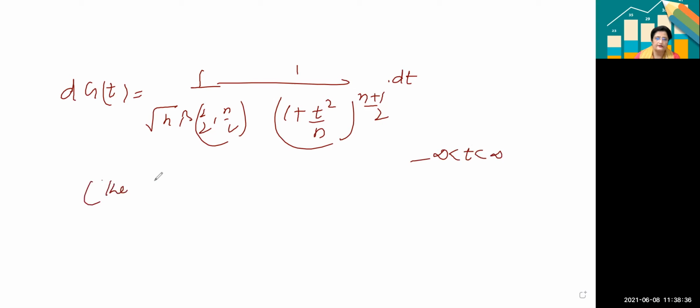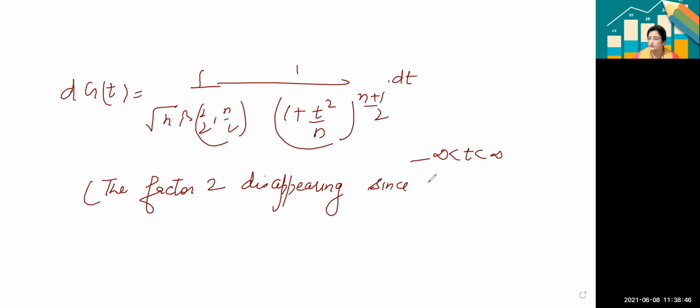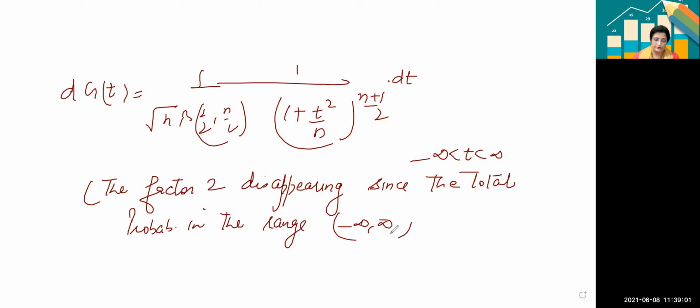So we will write the factor 2 disappearing since the total probability in the range minus infinity to infinity is unity.